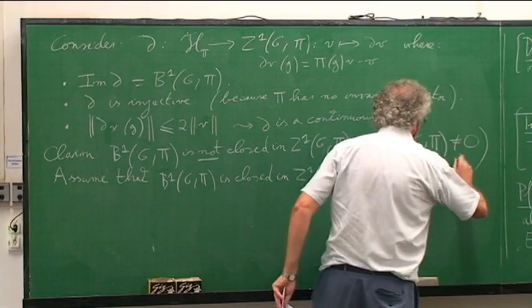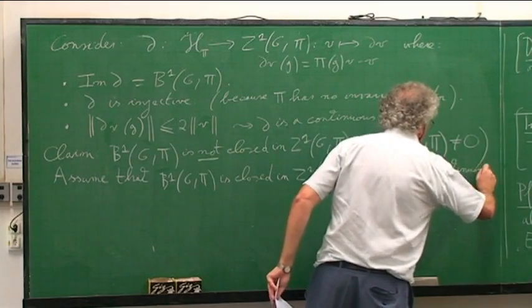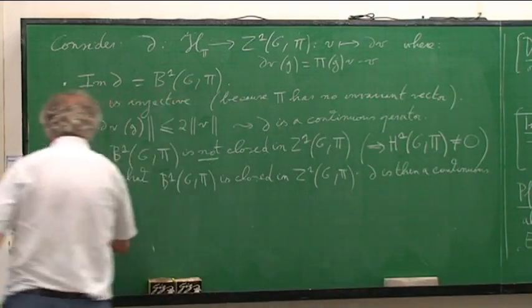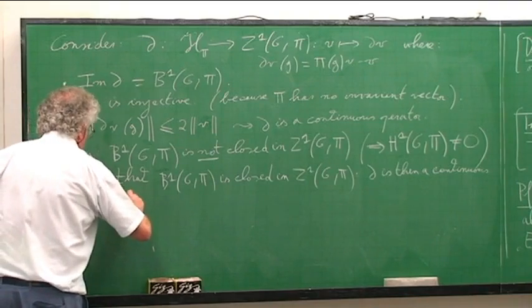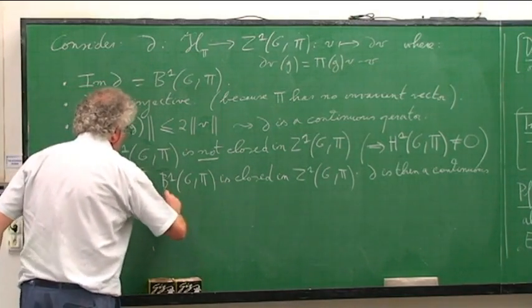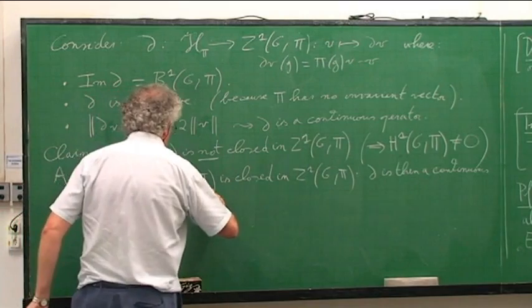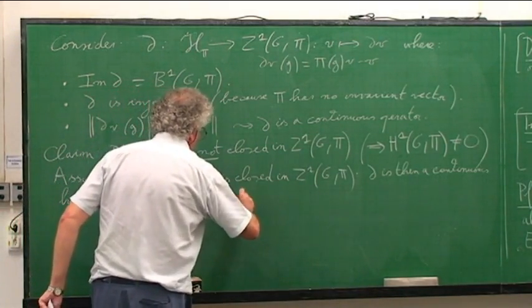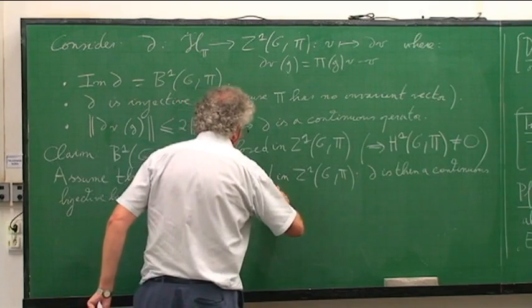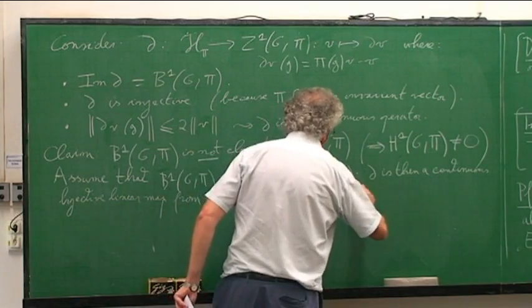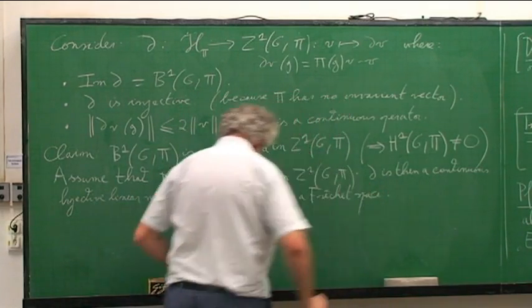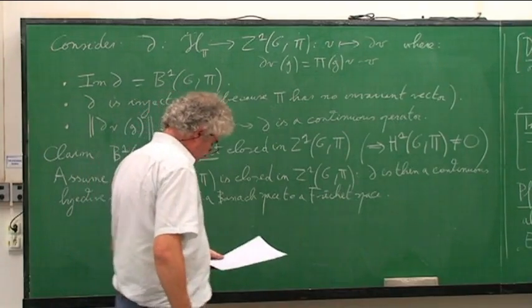So that is a continuous bijective linear map from a Banach space to a Fréchet space.